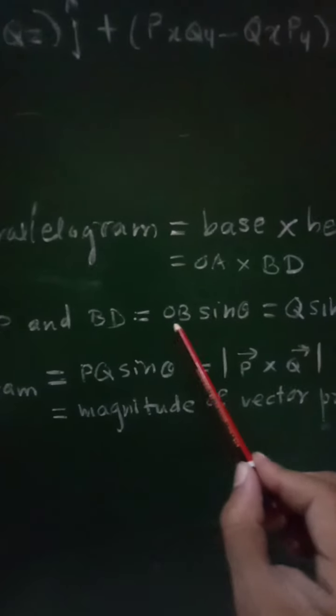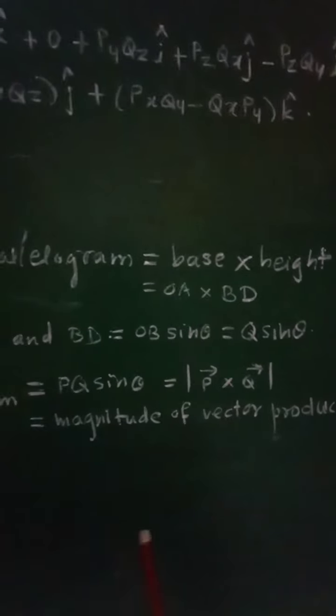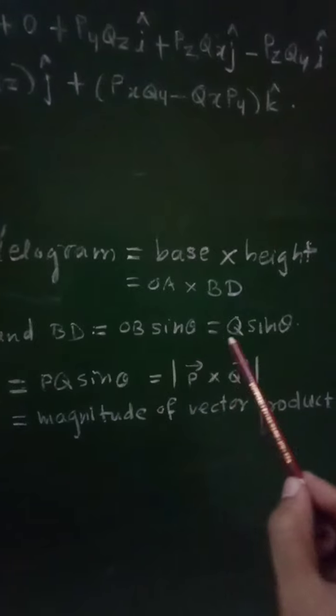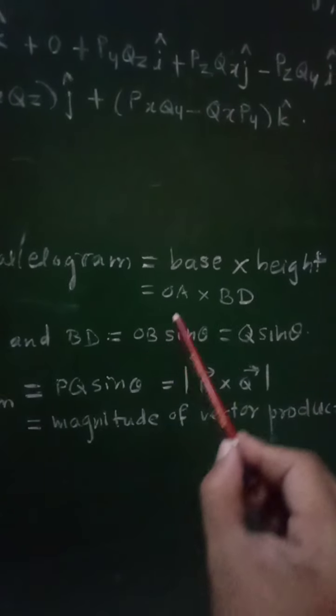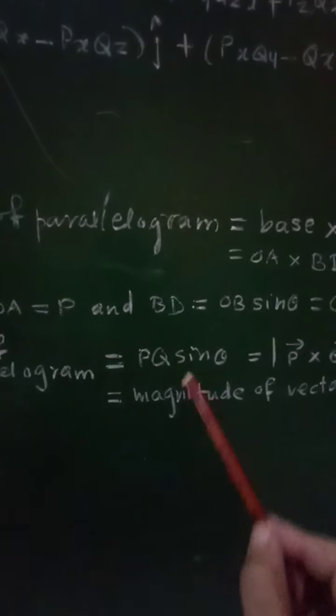So BD is equal to OB sine theta, equal to Q sine theta. As OA is equal to P and BD is equal to Q sine theta, putting these values in the above equation, we can write area of parallelogram equal to P Q sine theta.